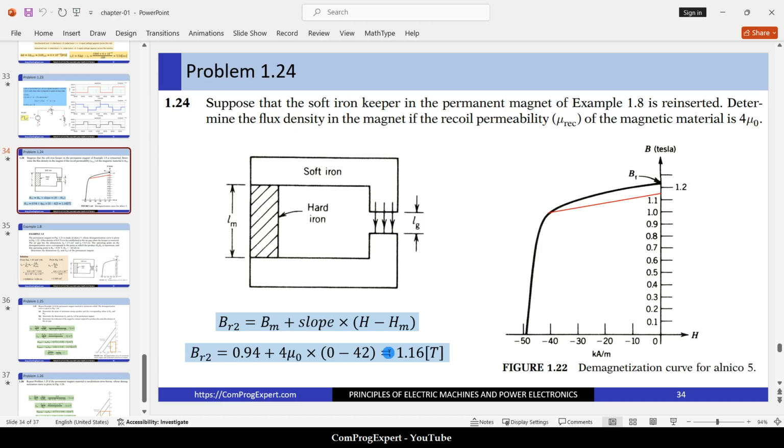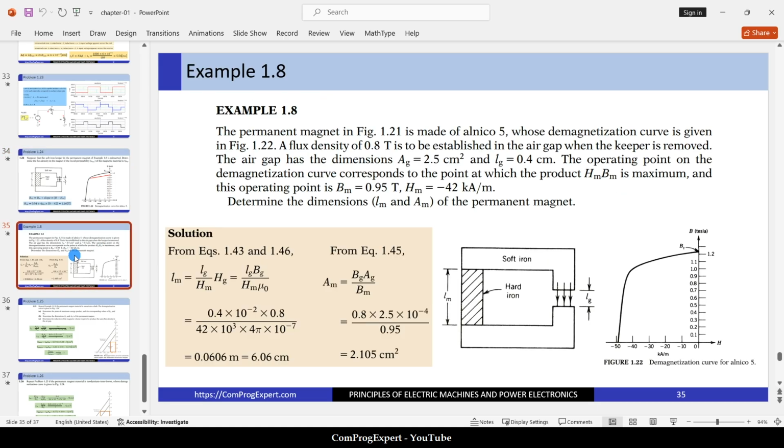Finally, you can calculate the new value of the BR. I implemented it here, these numbers. So the remanence flux was above 1.2 Tesla, but in this case it is 1.16 Tesla. So this is the solution procedure for this important example.